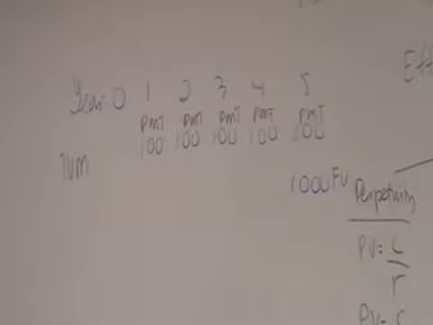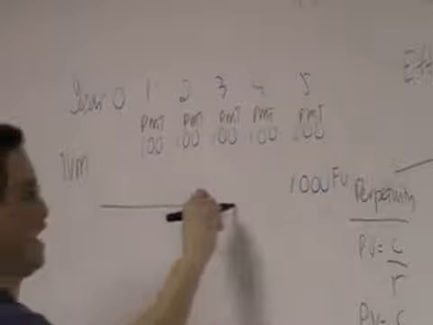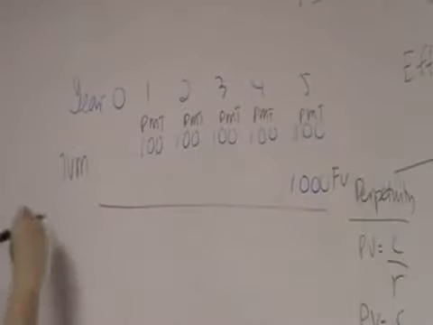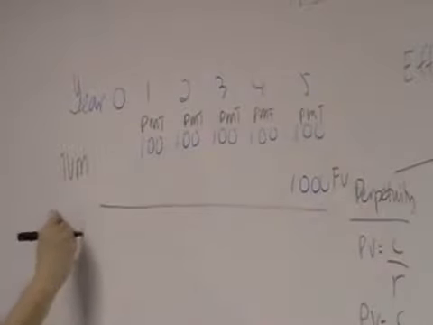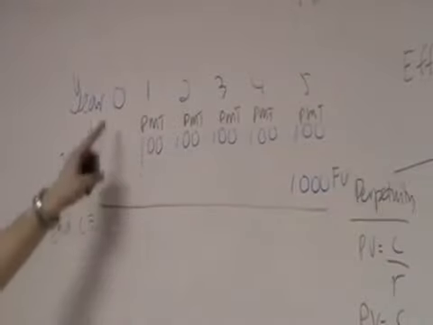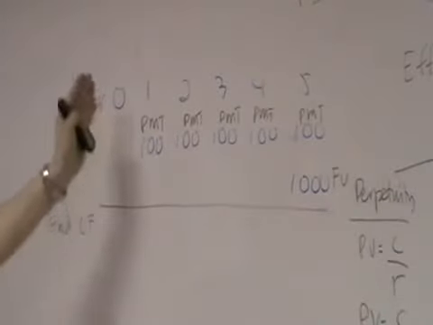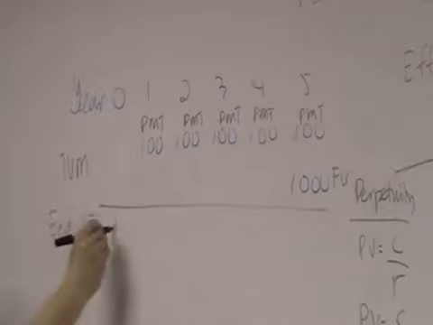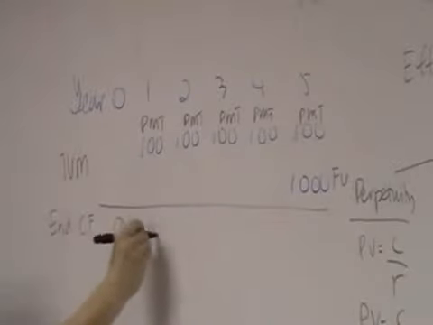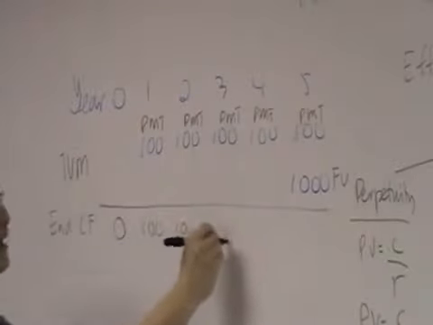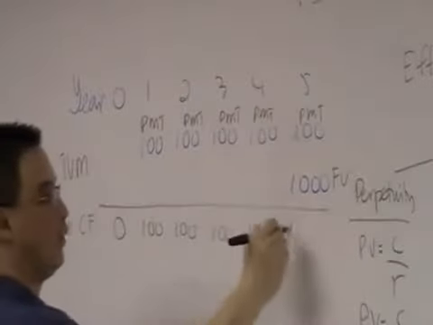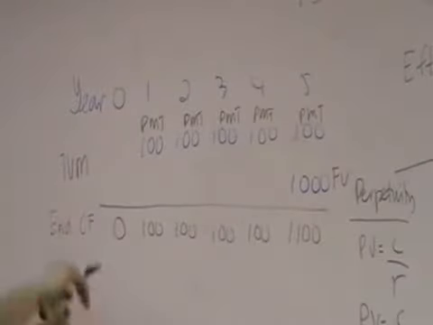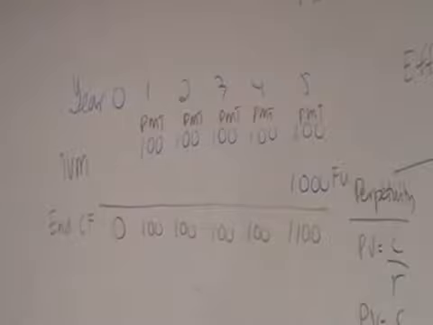Can you follow? If you use cash flow, it will be seen as N cash flow. Anything at year 0? No, this will be 0. And this will be 100, 100, 100, 100, 1,100. That's how it goes.